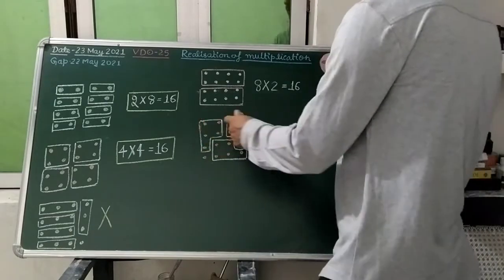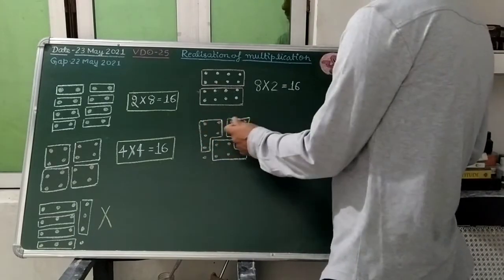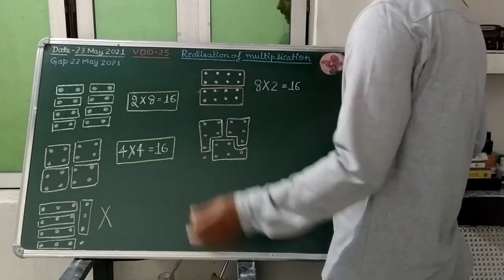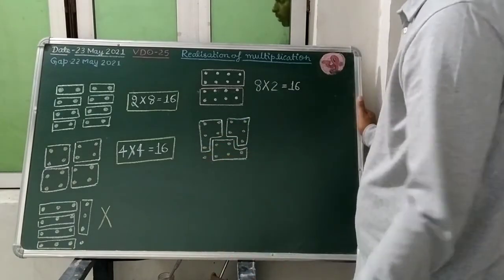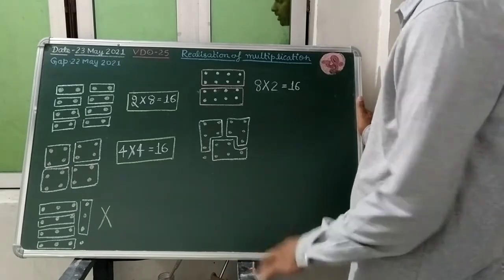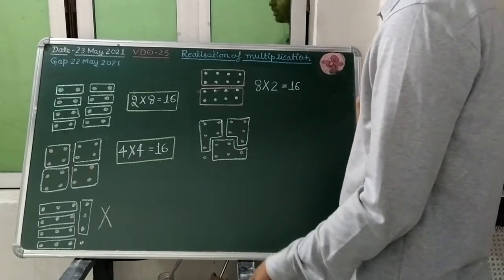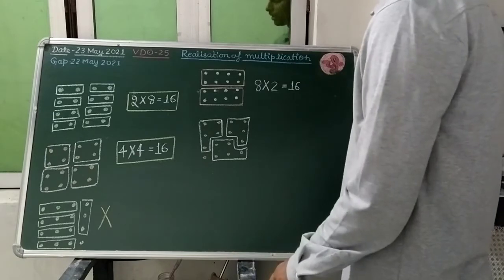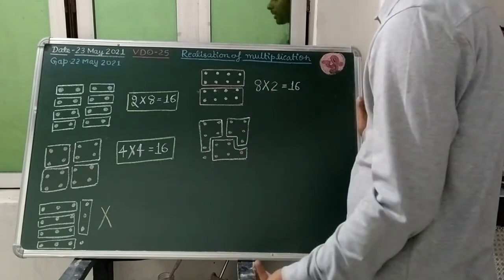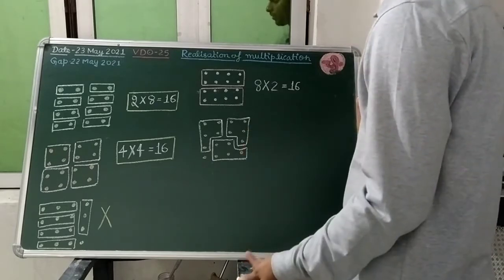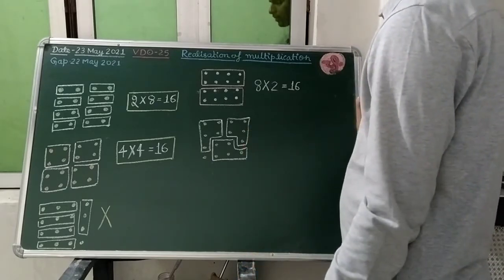If you group them in 5 dots, 1, 2, 3 groups you will find, and 1 dot will be left. Meaning is what students? 5 3s are 15, 5 3s are 15, and 1 will be left, which will make 15 plus 1, 16.